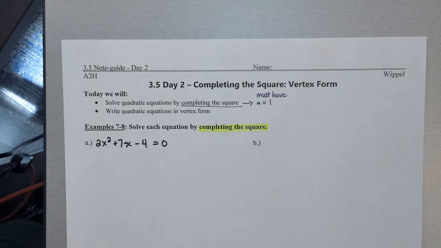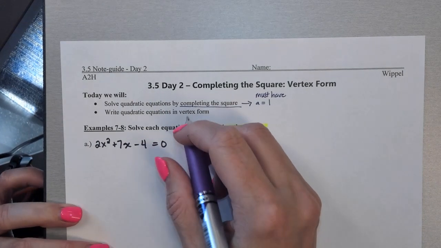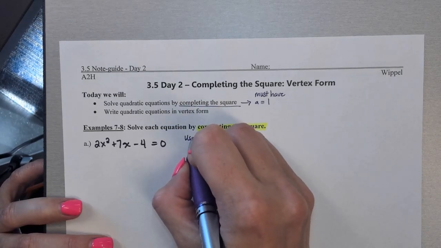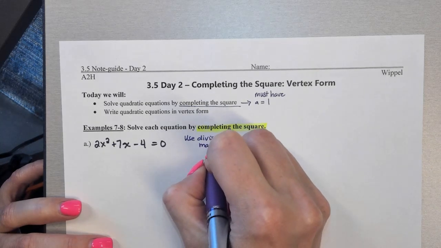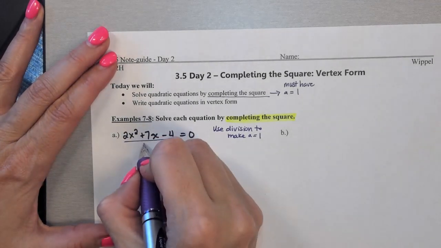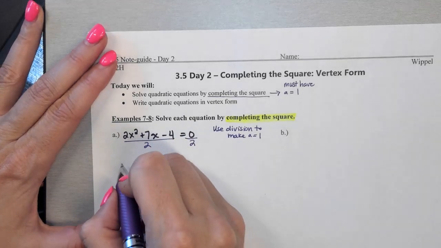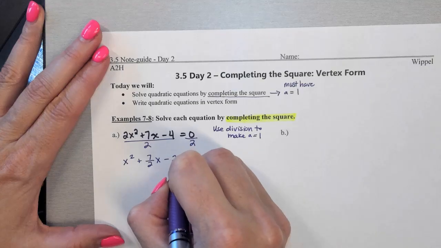Okay, and then your first step is going to be to divide by that A value. All right, so we're going to divide by our A. So if we divide everything by 2, then we have x squared plus 7 over 2x minus 2 equals 0.